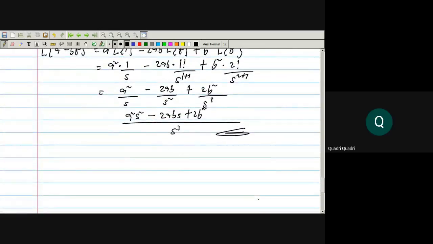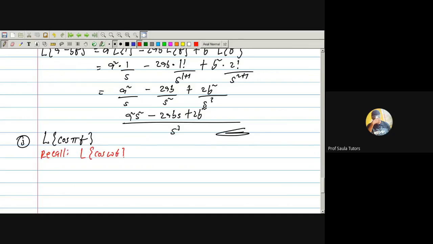So number 3, Laplace of cos pi t. This is the same thing as, don't forget, recall that the Laplace of cos omega t is equal to s over s squared plus omega squared.